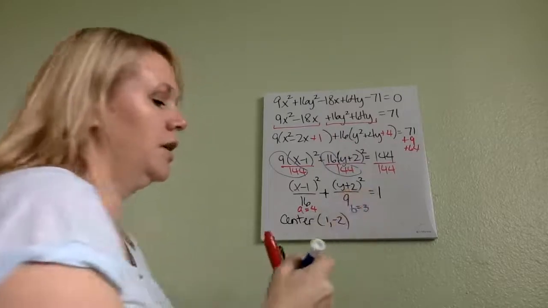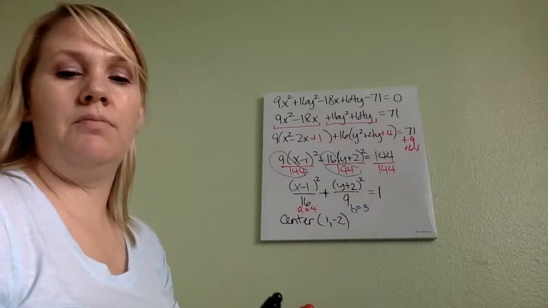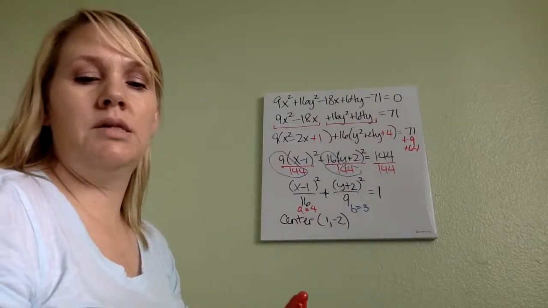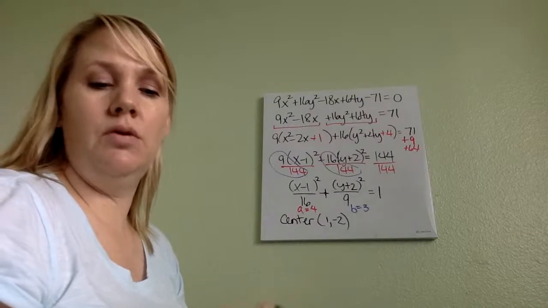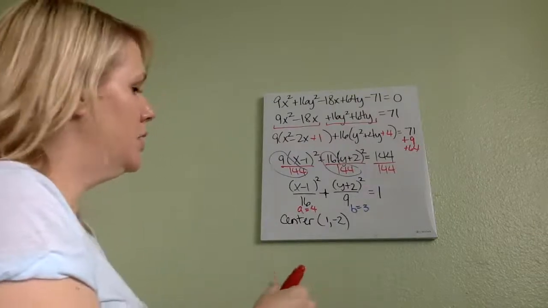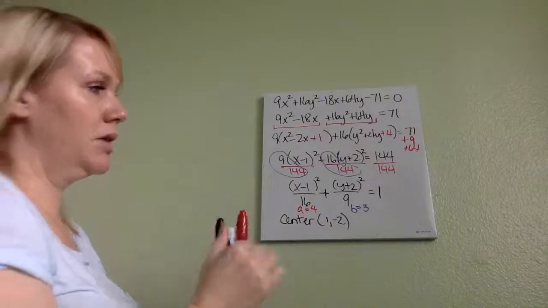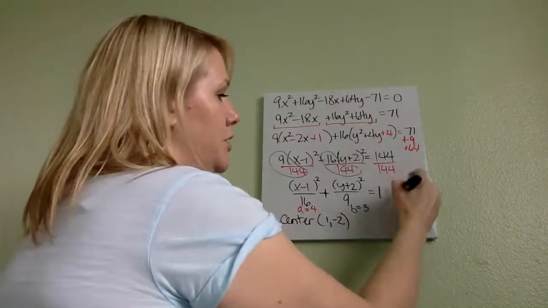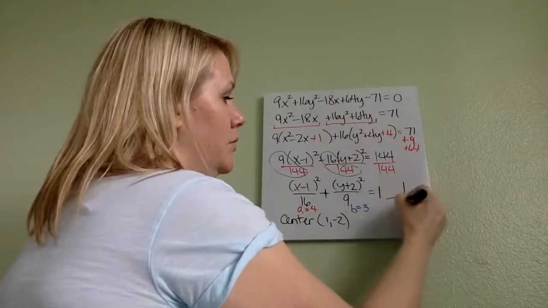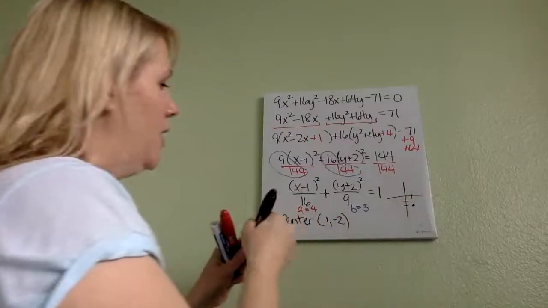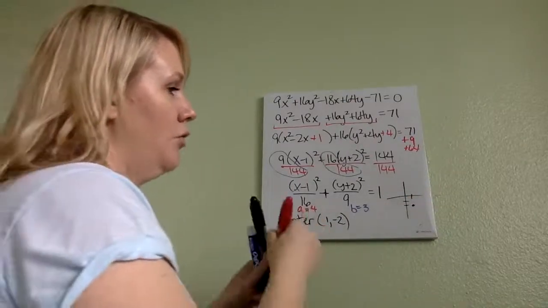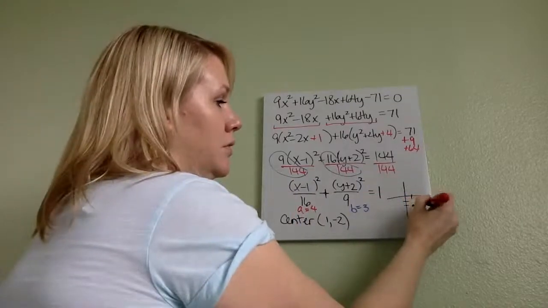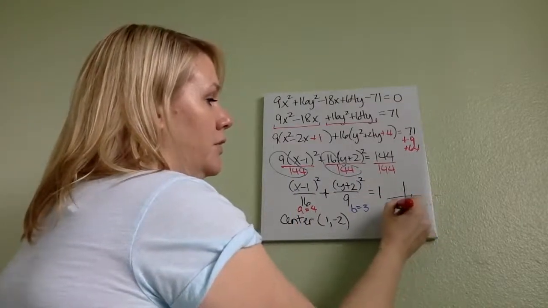And then you could calculate your C. A squared equals B squared plus C squared. So I would calculate my C. And then to graph my ellipse, you would do your center at 1, -2. And then you would count in the x direction, you would go 4 to the right and 4 to the left.